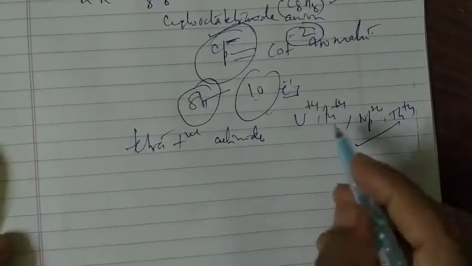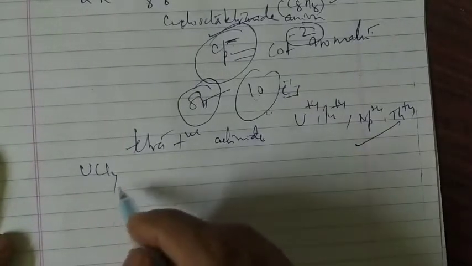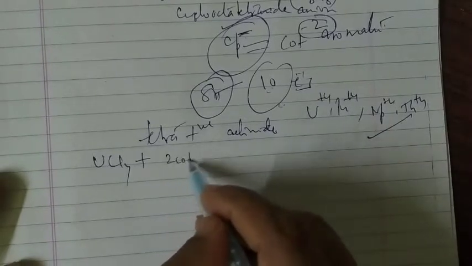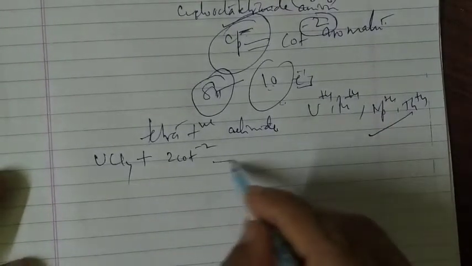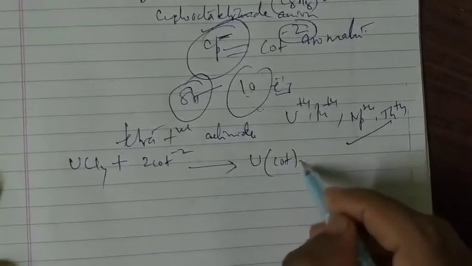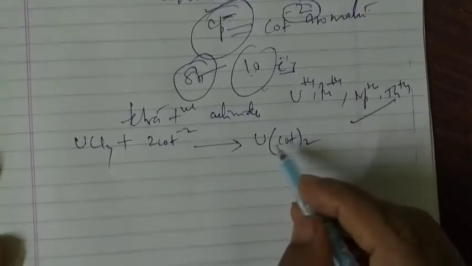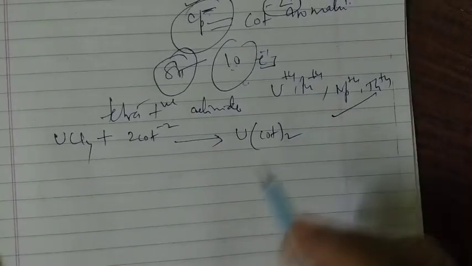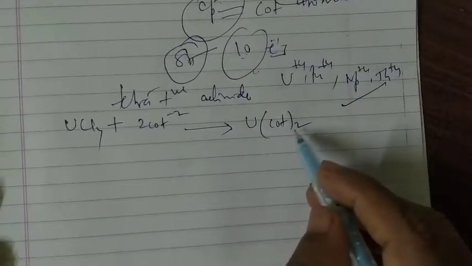So when you treat the salts of these, like uranium tetrachloride, with this COT minus 2, that is your anion, what am I going to get? I'm going to get this compound, uranium with 2 molecules of the cyclooctatetraene anion, minus 2.